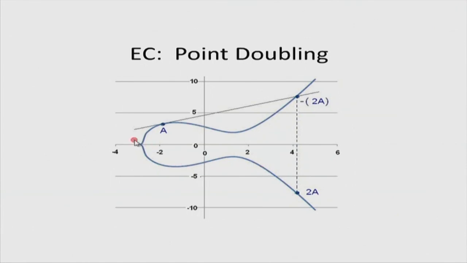If I'm talking about adding 2 points, A and B, then I see where the line intersects the elliptic curve, and I take the negative of that point, that's A plus B. And when I want to double a point, I just draw the tangent at that point to the curve, see where it hits the elliptic curve, and then take the negative of that point. So these are the three fundamental curve operations.